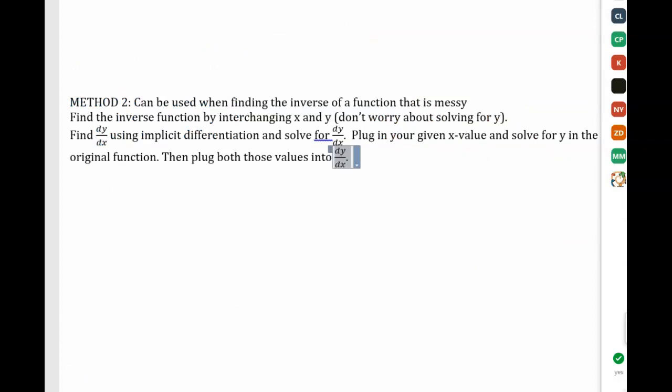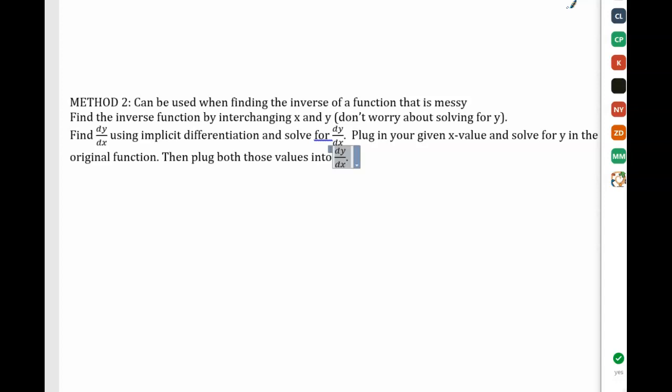Okay, so let's move on to the next part of this unit, which is looking at method 2. Method 2 is a little bit different than method 1. Method 2 can be used when finding the inverse of a function that is messy.